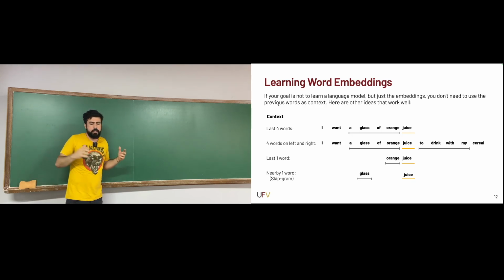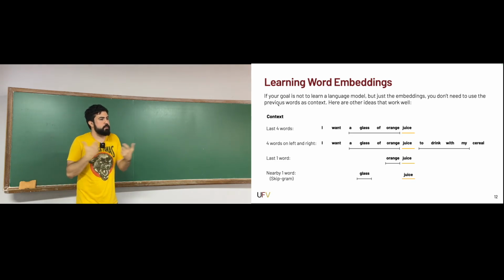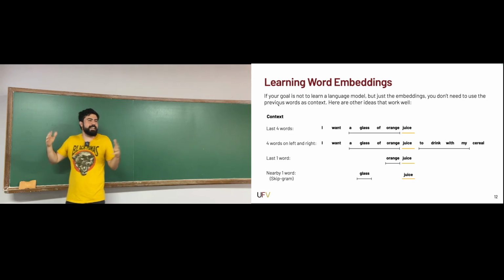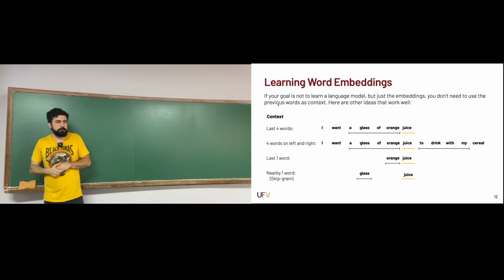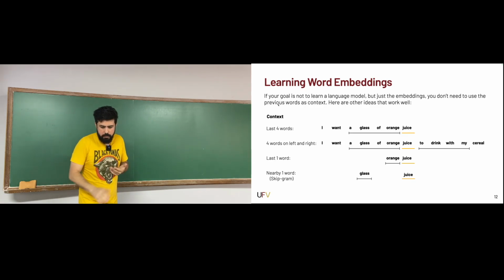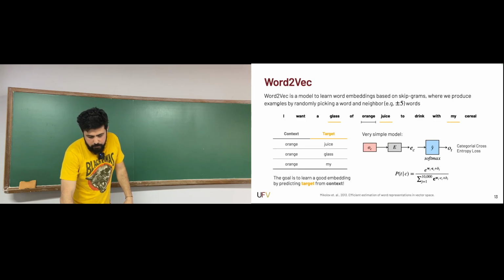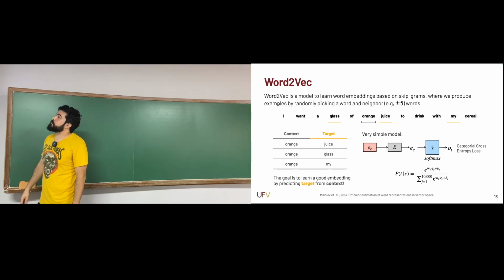Okay, so somehow you just need to create a context for a target word. And you can do that in many different ways because we are dealing with text. We can get large corpora of text on the internet, so you can do that more or less easily. Picking the words randomly is what word2vec does.